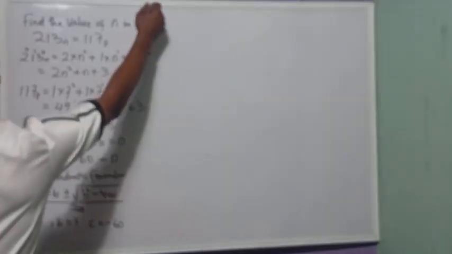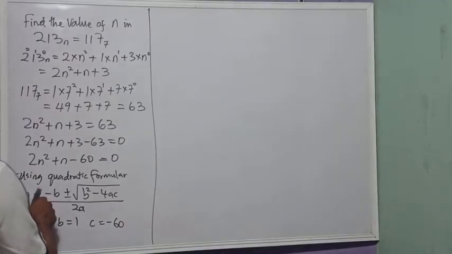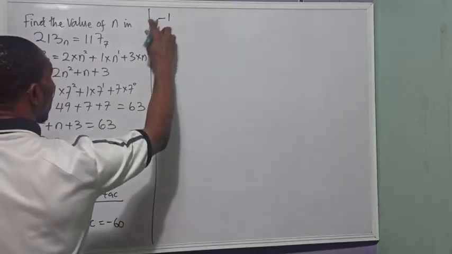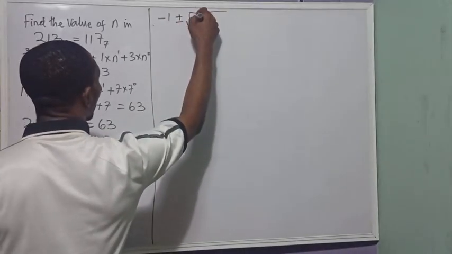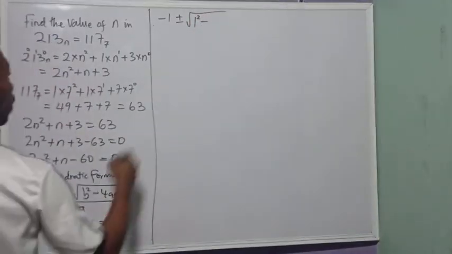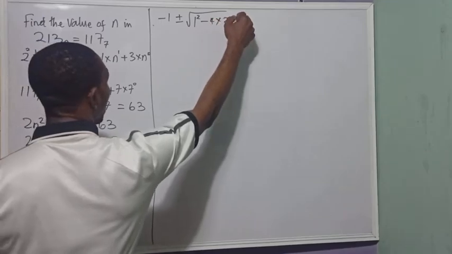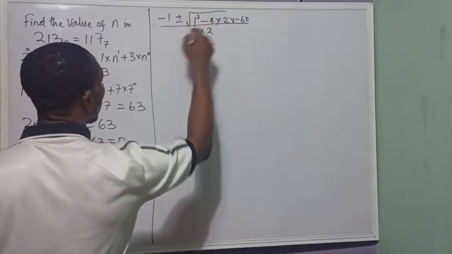Okay, when using this formula, it's important to be careful with your signs. So here, let's apply. b is 1, so this becomes minus 1 plus or minus root 1 squared minus 4 times a, which is 2, and c, which is minus 60, all over 2 times 2.